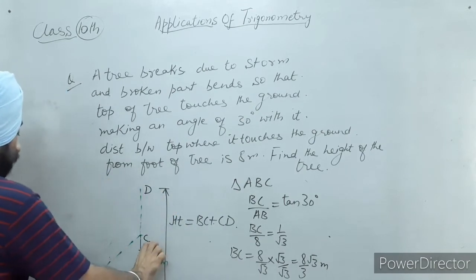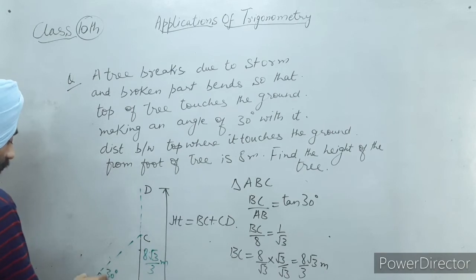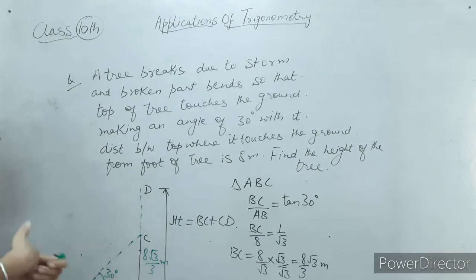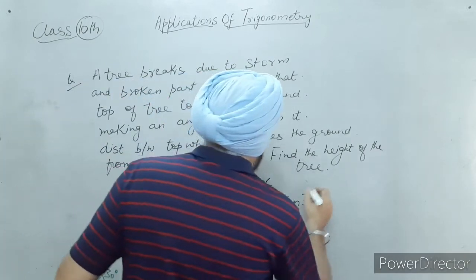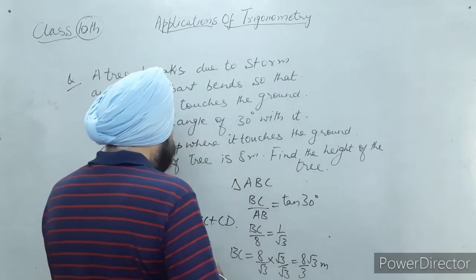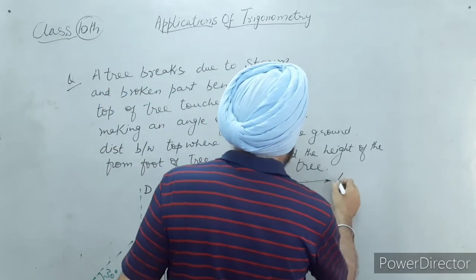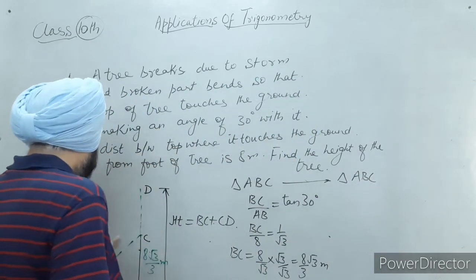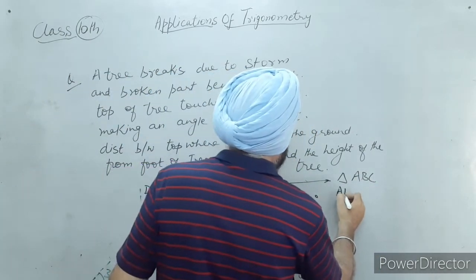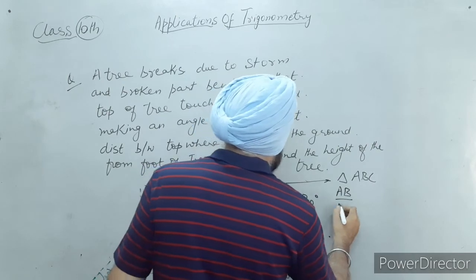Now, I have this base, I have this angle. I can easily find the hypotenuse by using trigonometric ratio. Base upon hypotenuse. Now, the same triangle ABC, AB upon hypotenuse.